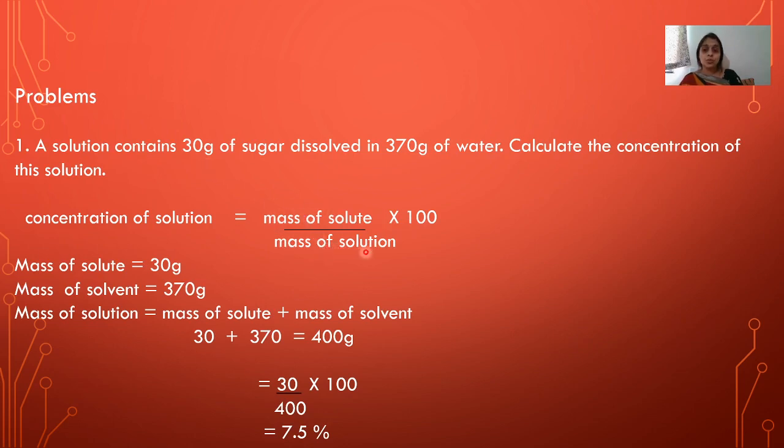Mass of the solution? They have given only the water. How will you get solution? It is solute plus solvent. So 30 plus 370, you get 400. Divide by 400 into 100, so you get 7.5. Listen students, whenever they give water, but the formula says solution, then you have to add solvent plus solute.